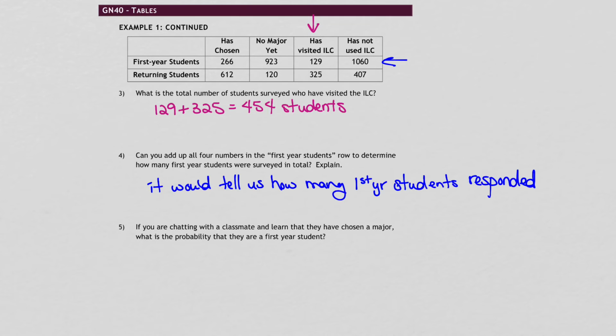And then if you're chatting with a classmate and learn that they have chosen a major, what is the probability that they are a first-year student?